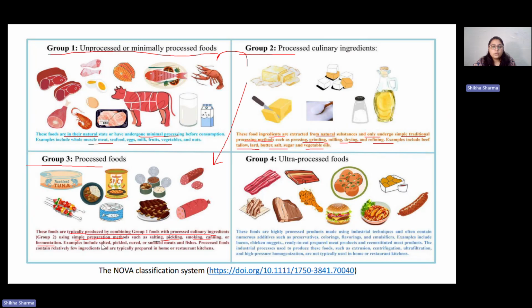So that includes group 3, which is processed food products. It includes salted, pickled, cured, or smoked meat and fish products. Processed foods contain relatively few ingredients and are typically prepared in homes, restaurants, or kitchens.